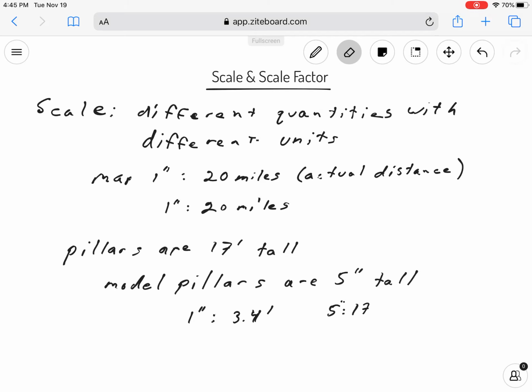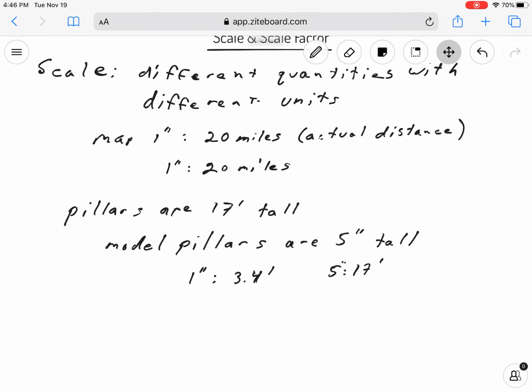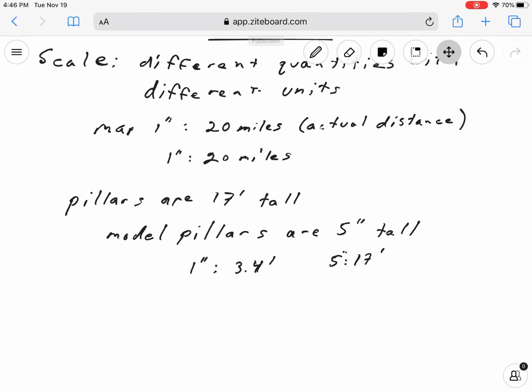The other thing on this, though, is that sometimes we don't need different units. Sometimes we can use the same units. And if I use the same units, then that's a scale factor.